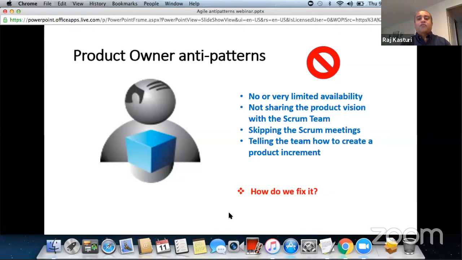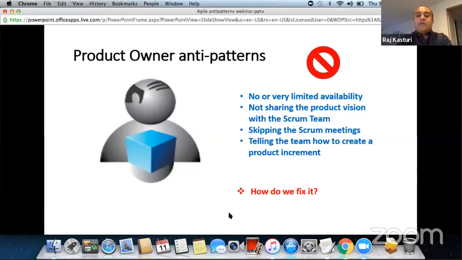There are no specific rules around the daily Scrum for the product owner. The daily Scrum is for the development team. But I have seen product owners come to daily Scrum meetings, even though they are not directly participating. It is very important for them to go to the daily Scrum as well, so that they know exactly what is happening every single day on the product, what the team is working on that particular day.